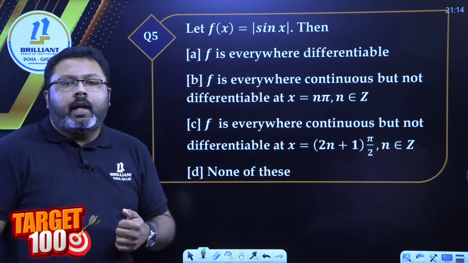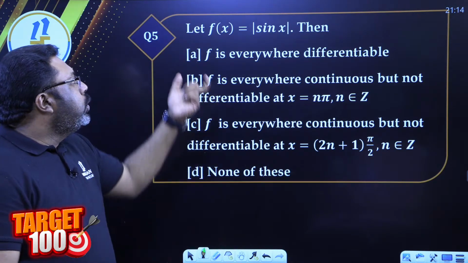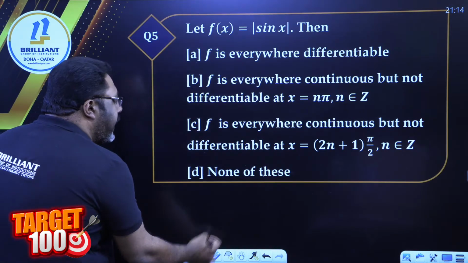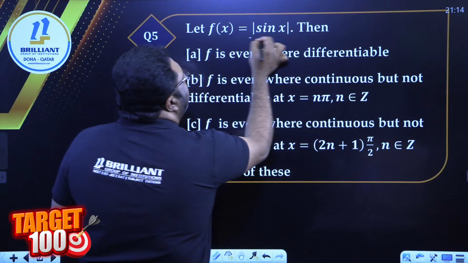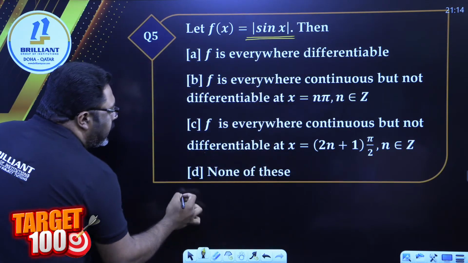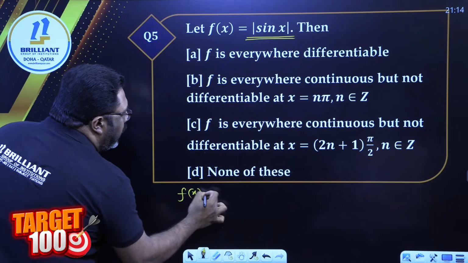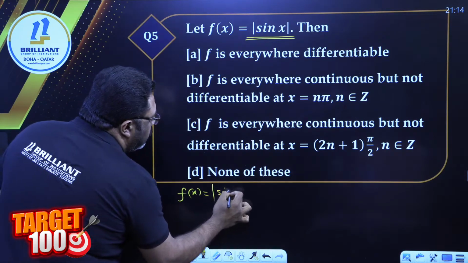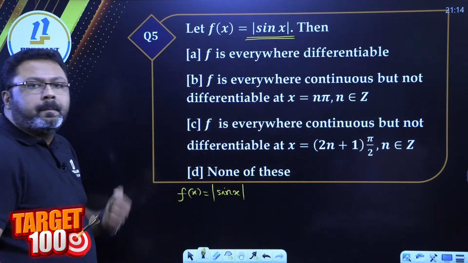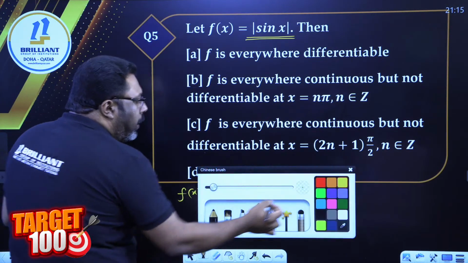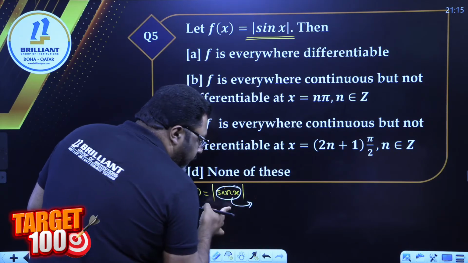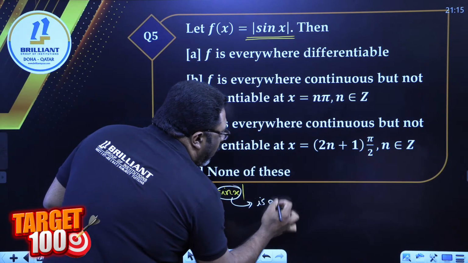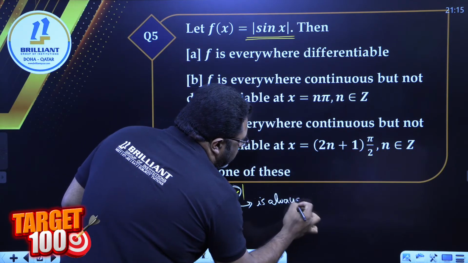Again, f of x equal to modulus sin x. Yes, you have been taught about modulus part, but this time you are seeing something else inside the modulus called sin x. Please remember that sin x alone is always continuous.